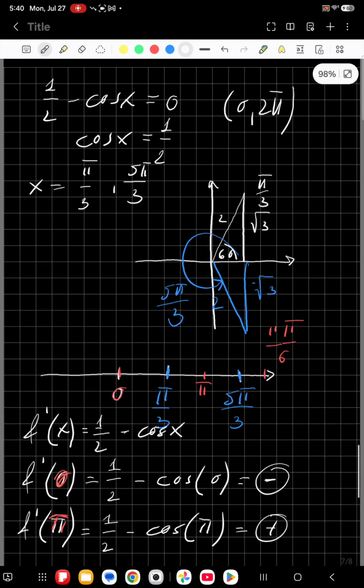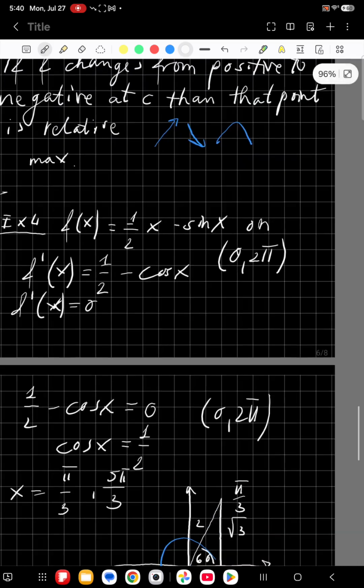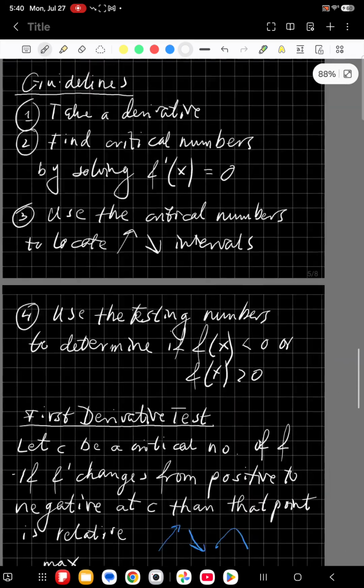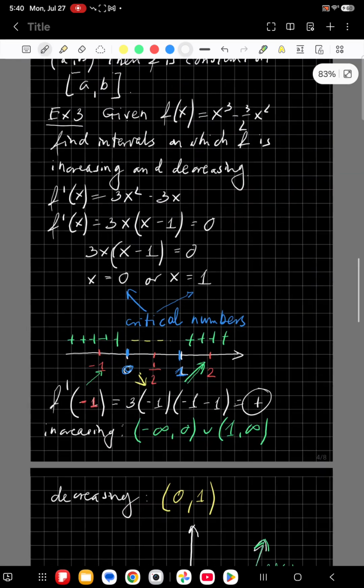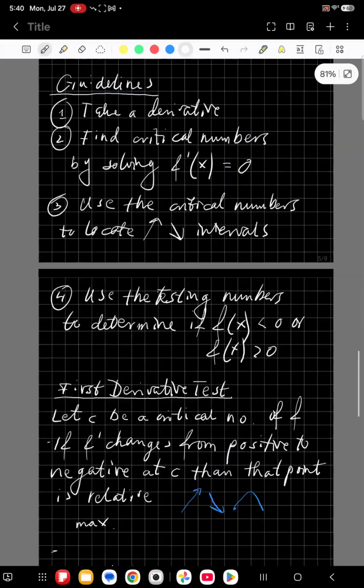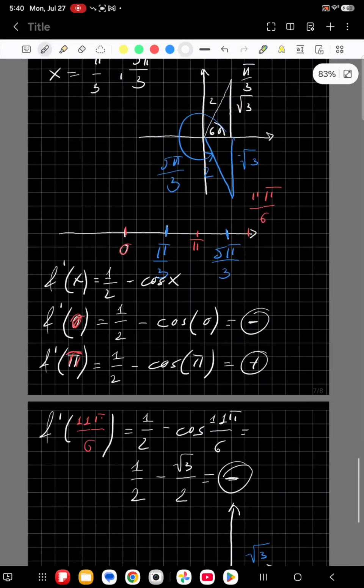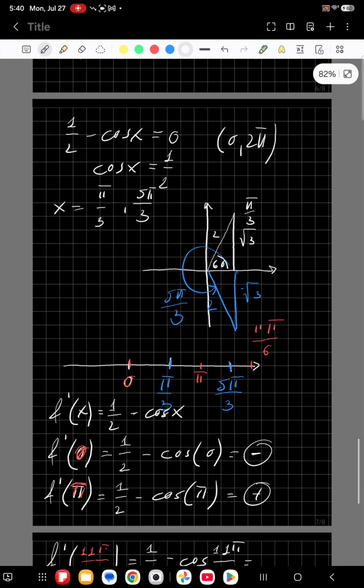Anyway, and of course I forgot the colors. So let me look at the colors. Okay, positive was green, negative was yellow. So the first interval was negative. Alright, so I'm just putting a bunch of negative signs here, and the function is decreasing.